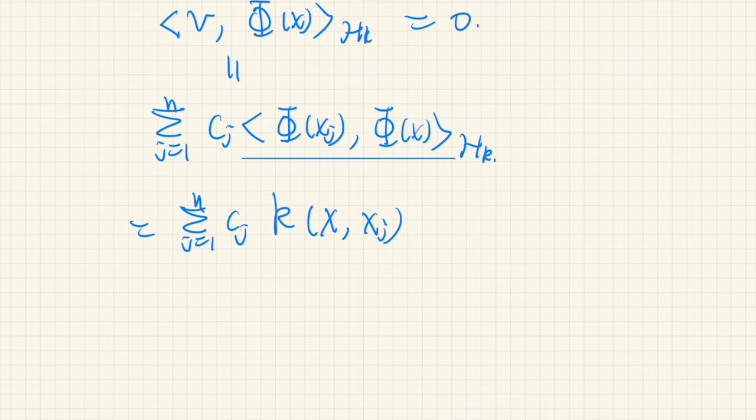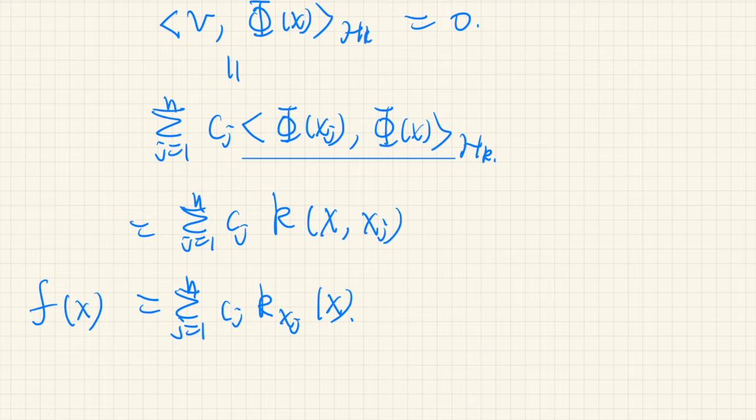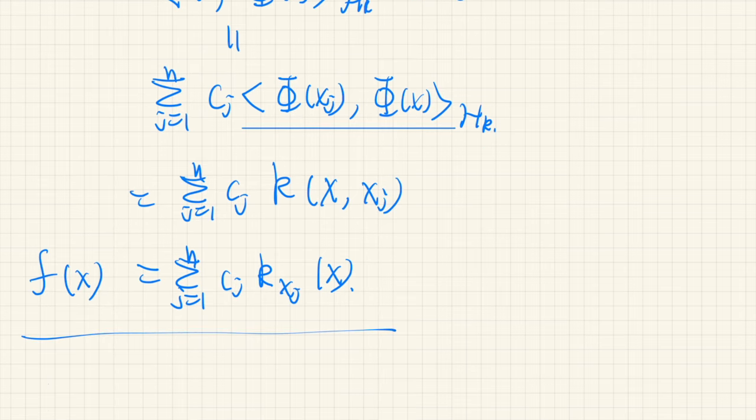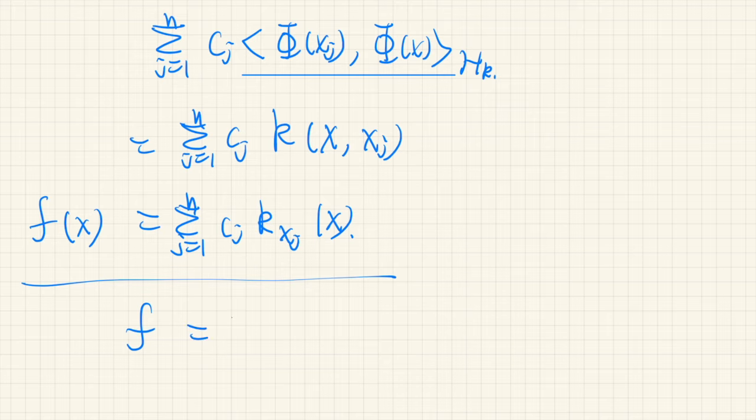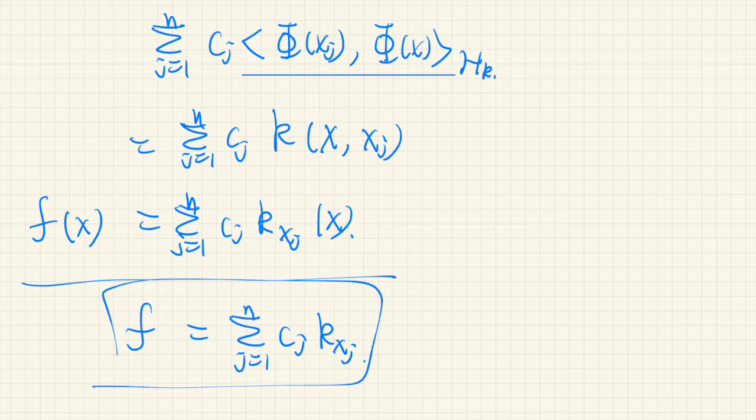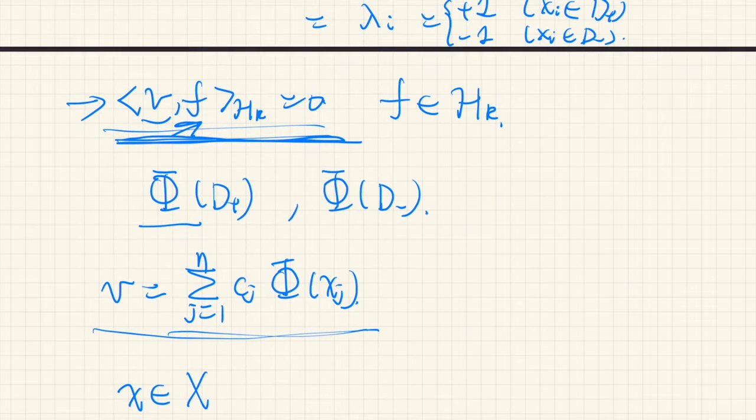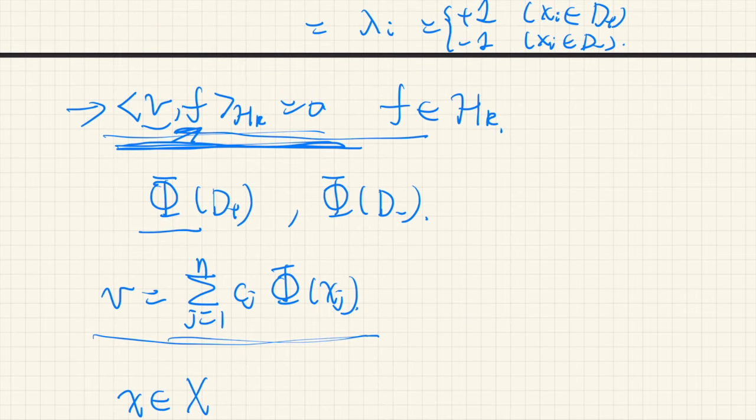And if we use the parameterized form of the kernel function, K_{x_j} of x, and we define the classifier of points f of x as this function, then the function f itself can be written as a linear combination of the parameterized kernel functions. Here, be careful that this f has nothing to do with this f here, okay? They are completely different.